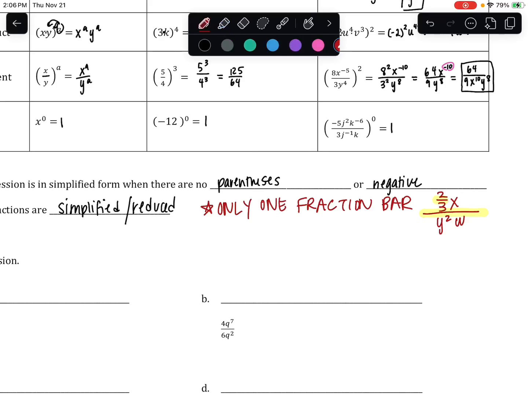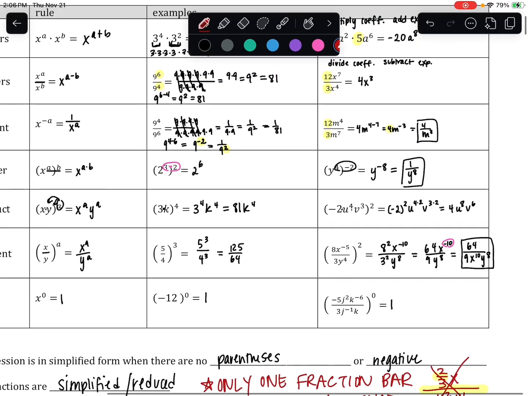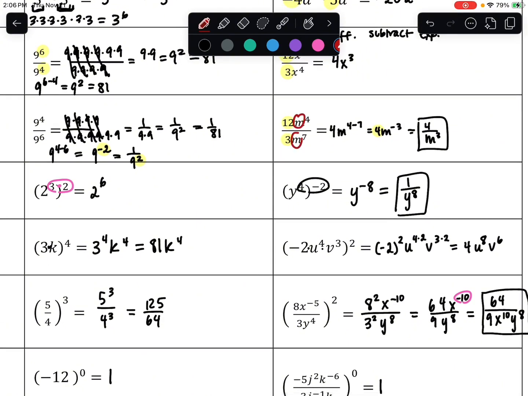So don't do that. And then each variable written once. And so here I have m written in 2 places. That is not fully simplified.